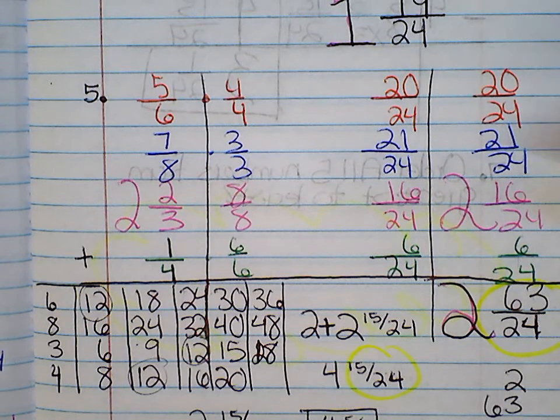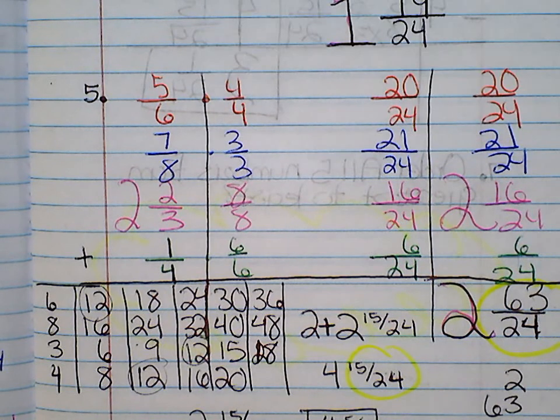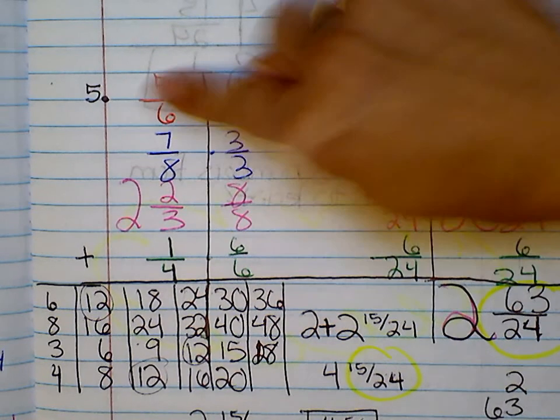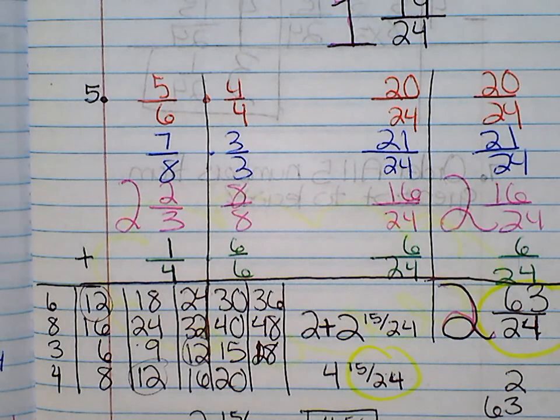Anyway, so number 5 asks us to add all of these things up. Okay, bye. Bye, video. So, Brianna, can we add all these numbers right here if they all have different denominators? No. What do we have to do?